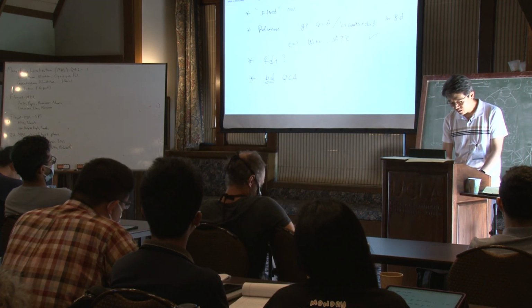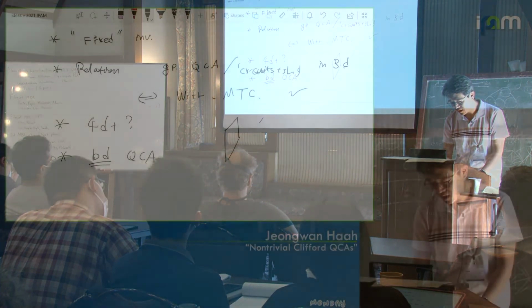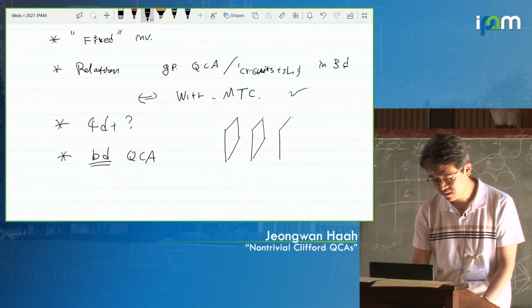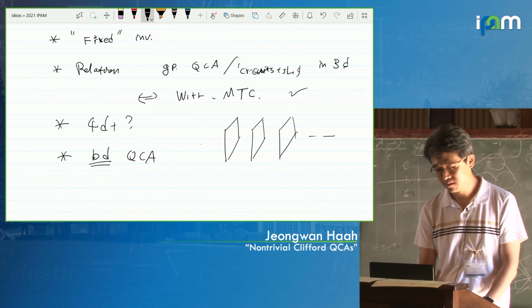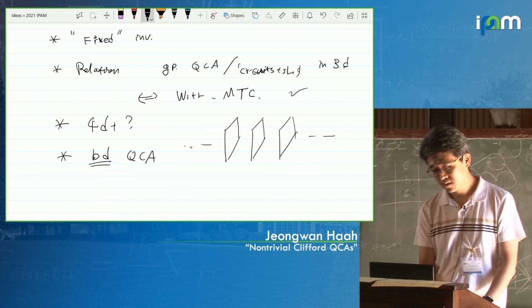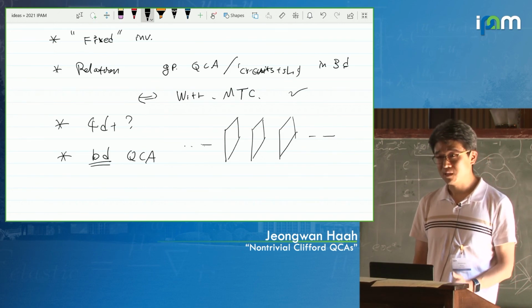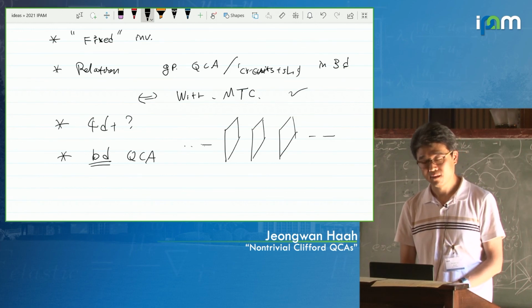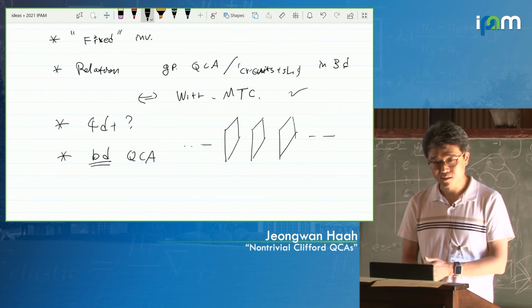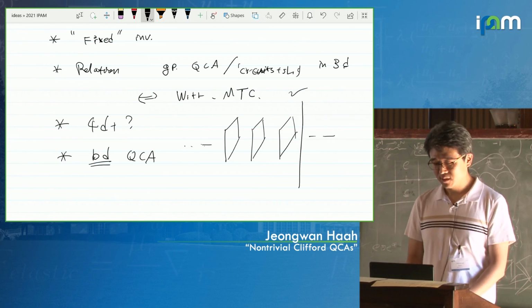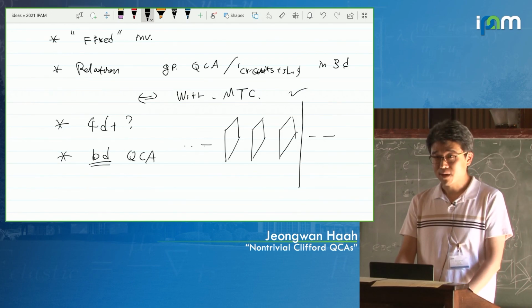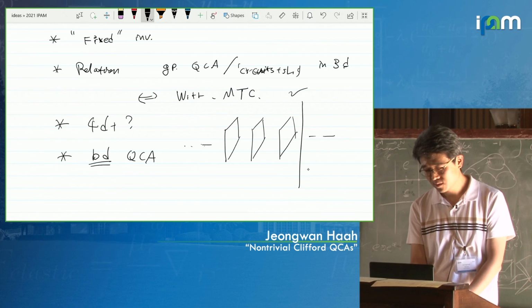But then we can juxtapose that QCA in one dimension higher, like this. Now, the boundary algebra depends on the direction. Along this direction, if I cut it here, then by definition, it interpolates to the identity.